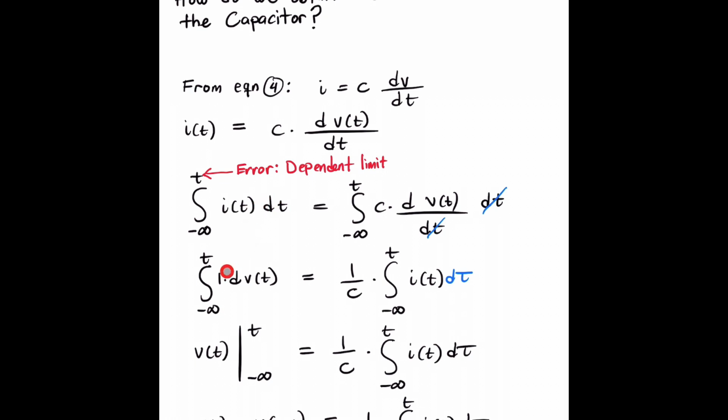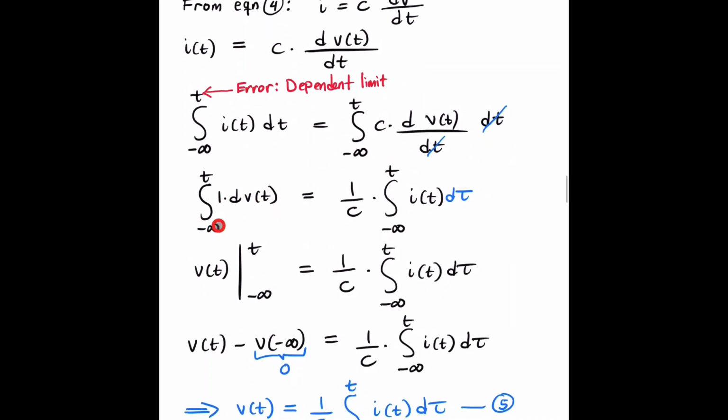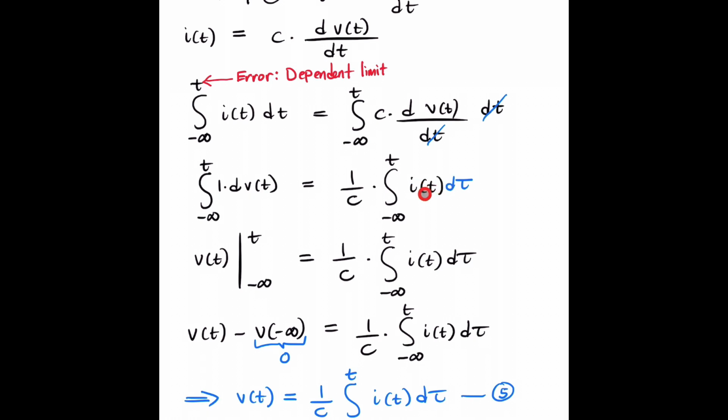So what we do is we integrate with respect to tau, and then we take the limit from minus infinity to t. And from here, we get here.